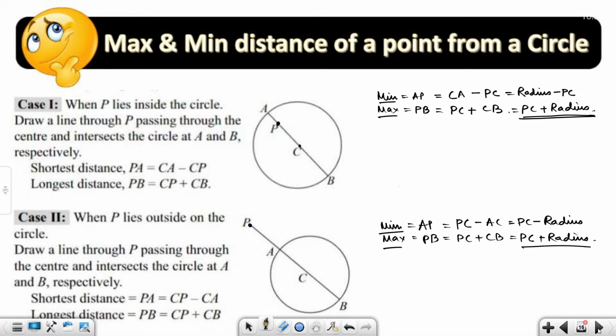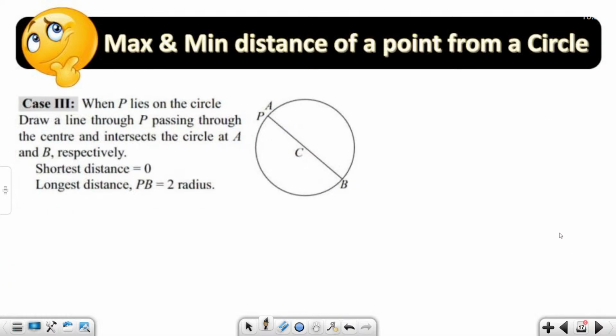What is our third case? In the first case, we considered that the point P is inside the circle. In the second case, we considered point P outside the circle. So now we are left with the third case where point P is on the circle. So what is the minimum distance of point P from the circle?